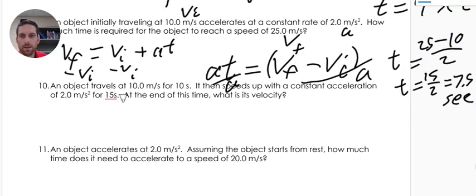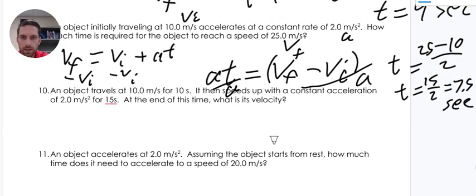Okay. Object travels 10 meters per second for 10 seconds. So this means initial, vi. This is for 10 seconds. It then speeds up with constant acceleration 2 meters per second squared for 15 seconds. So during the acceleration, we use the time frame for that. Then we're going to plug our numbers in. So vf, we want to know its final velocity at the end of this time.